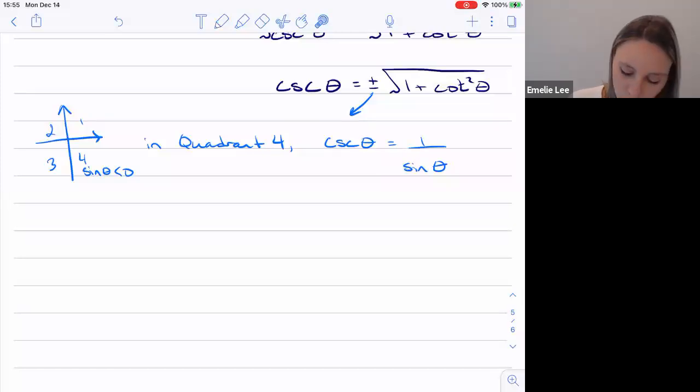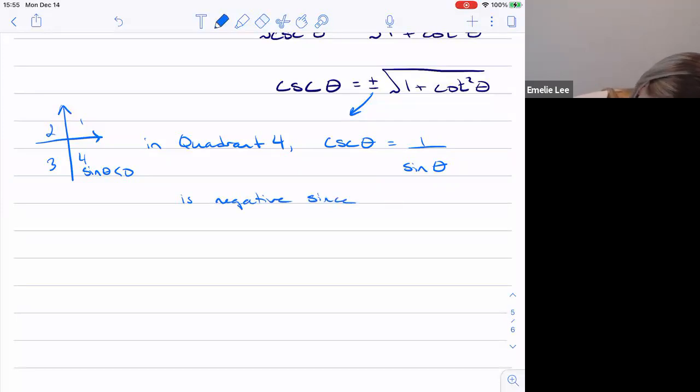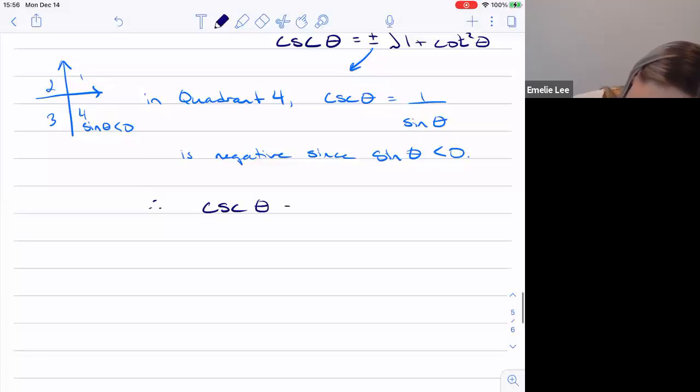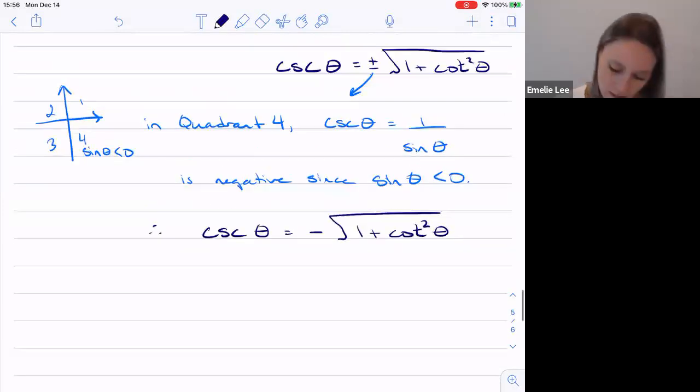So in quadrant 4, 1 over sine theta is 1 over a negative number, which is negative, since sine theta is less than 0. Therefore, the cosecant of theta is the negative root of 1 plus the cotangent squared theta.